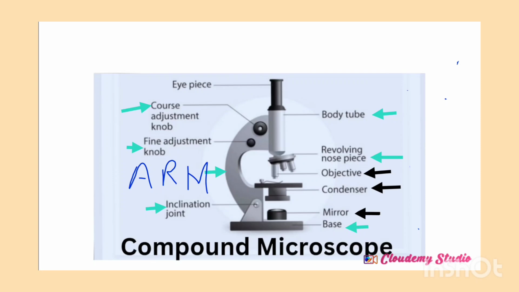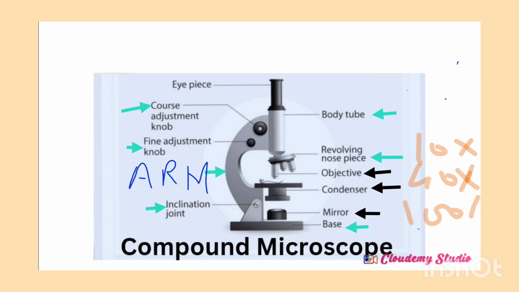Then comes the condenser. So condenser is present below the stage. This condenser consists of 2 to 3 lenses and the main function of condenser is to focus the light towards the specimen. Then is the objective. Objectives are nothing but the optical lenses of different magnifying power. There are three types of optical lenses on compound microscope: 10x, 40x and 100x.